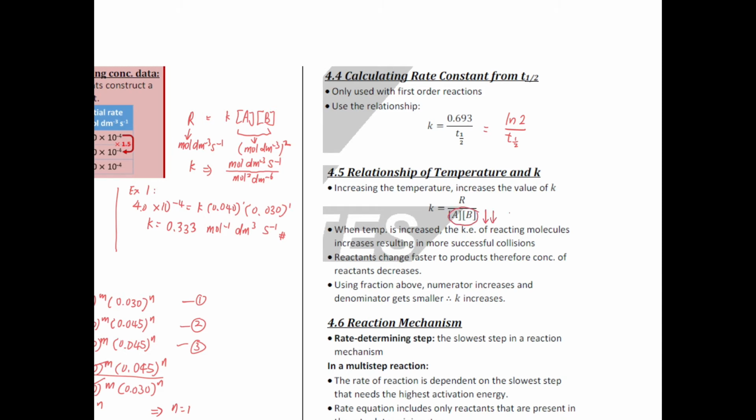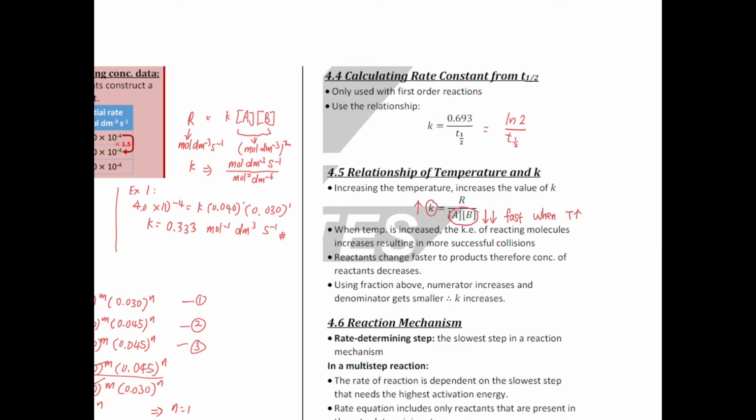When the temperature is higher, the concentration decreases quickly. The reactants decrease quickly because they are used up quickly. If they decrease quickly, then K will increase quickly.